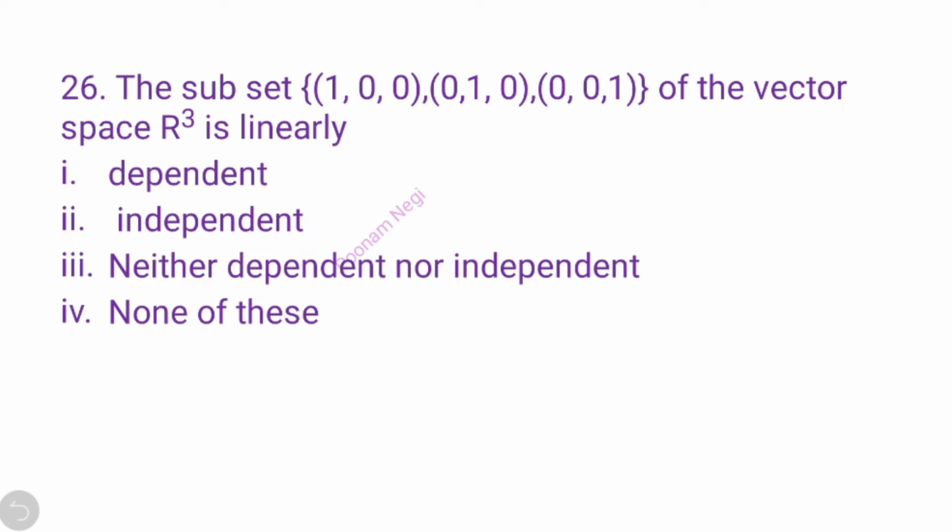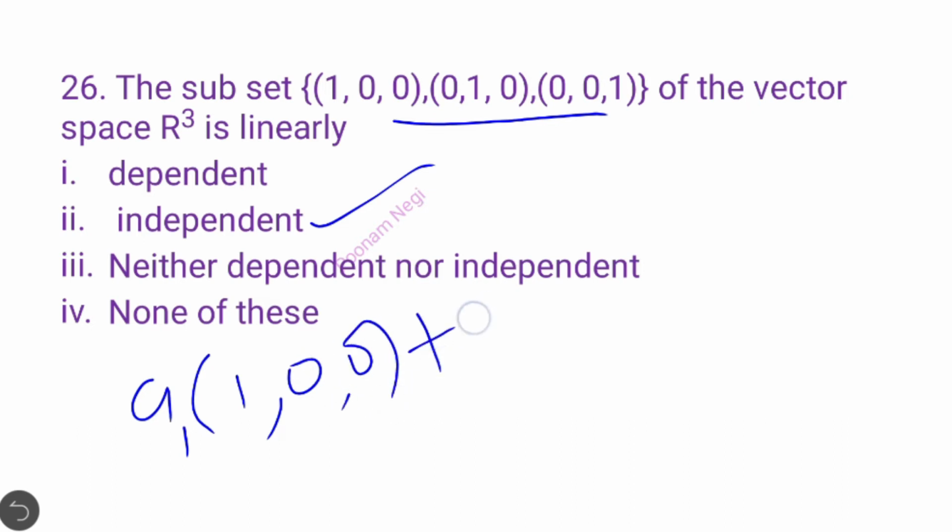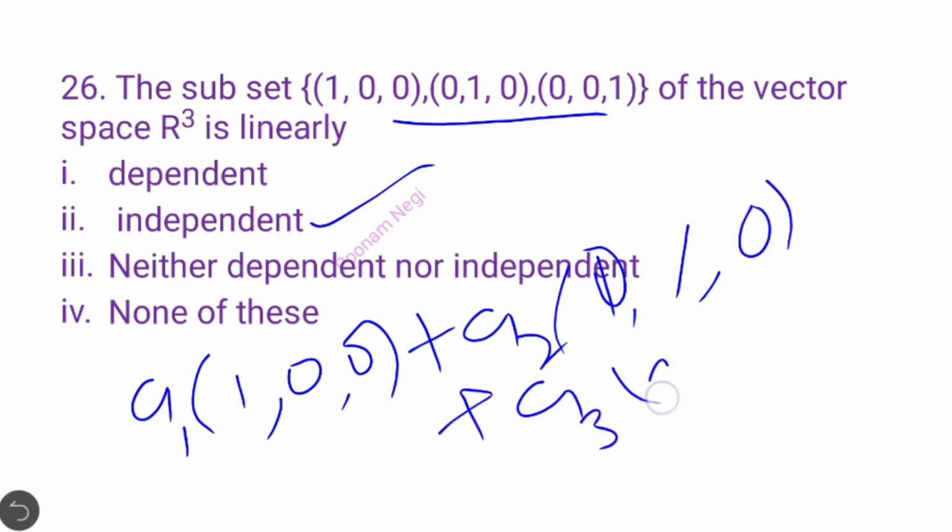Next question is the subset. This is the standard basis for the vector space R3 and it is linearly independent. You can easily prove it as a1(1, 0, 0) + a2(0, 1, 0) + a3(0, 0, 1) = 0.